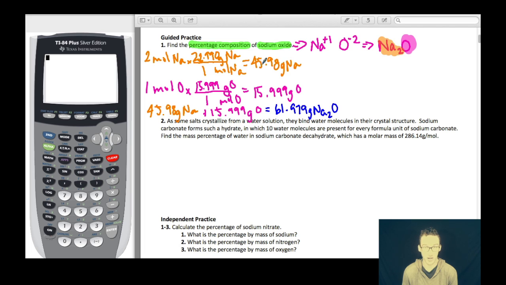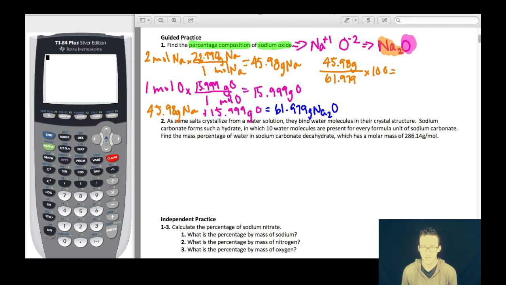I now know the part by mass of each of the elements and the total mass of the whole compound. So now it's simply a matter of taking the mass of the part, we're going to start with the sodium, over the mass of the total, and multiplying by 100.